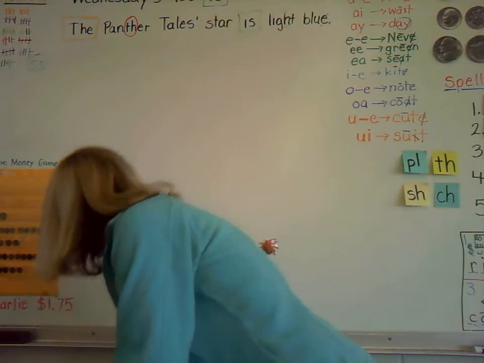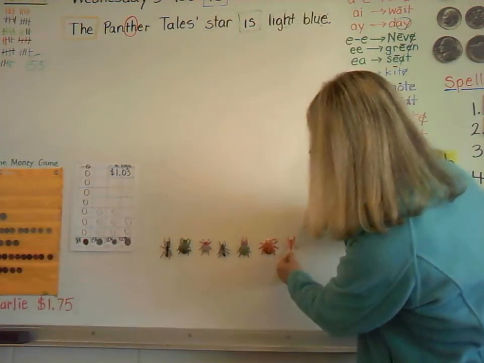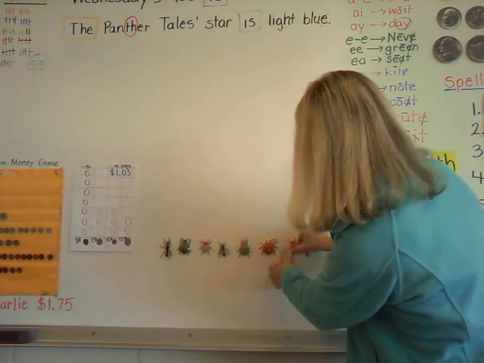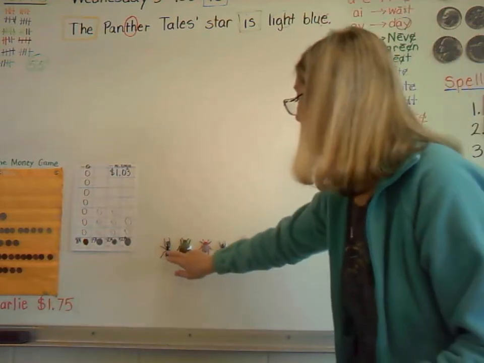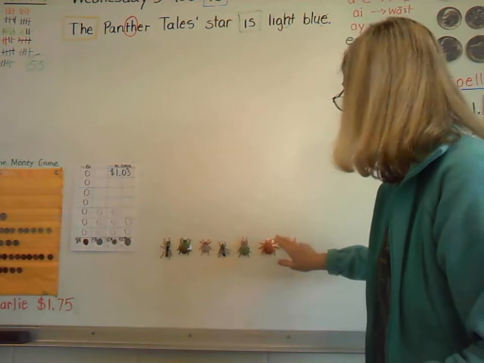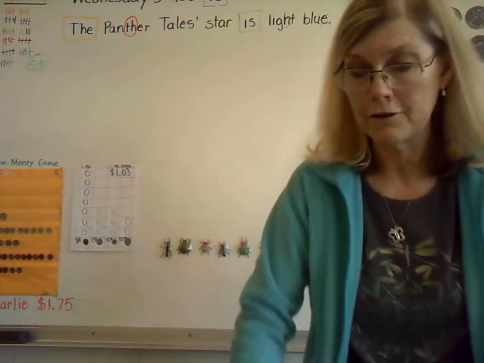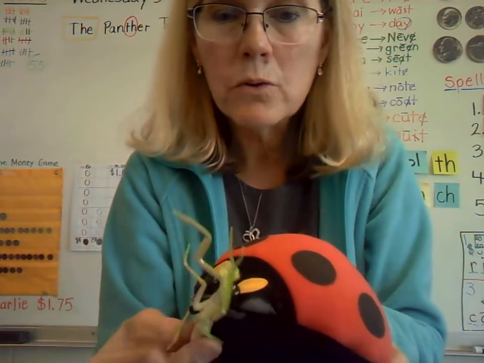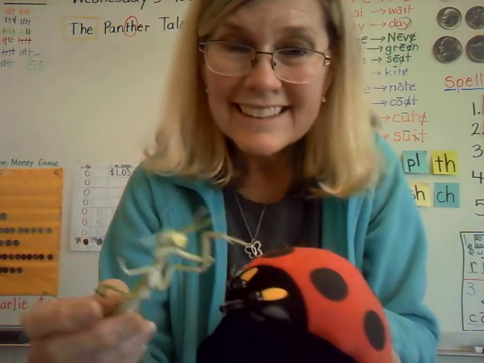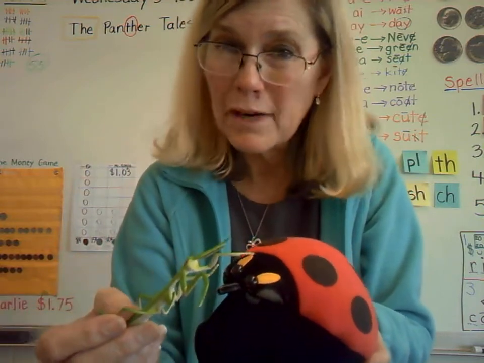Okay. Let's put our dragonfly right next to that beetle. Let's see how many insects we're up to. 1, 2, 3, 4, 5, 6, 7 insects so far. Here's number 8. Okay. Ooh, look at this one. A praying mantis. I think they got the name because it looks like they're praying.